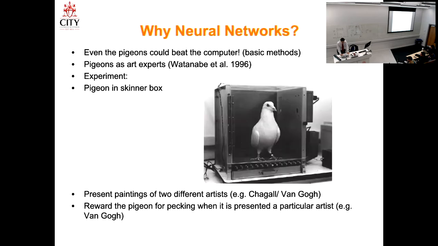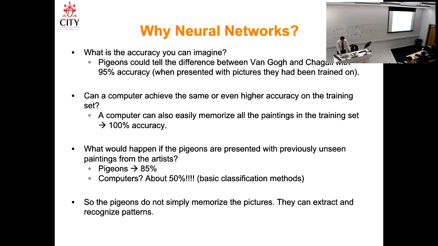So in an experiment in '96, they trained pigeons to see whether they are good at classifying images. They were trained on images by 2 different artists, and then compared with a computer program. The interesting thing is the computer is 100% accurate on the images that it has seen before, but it was random, 50% accurate, on the images that it hadn't seen.